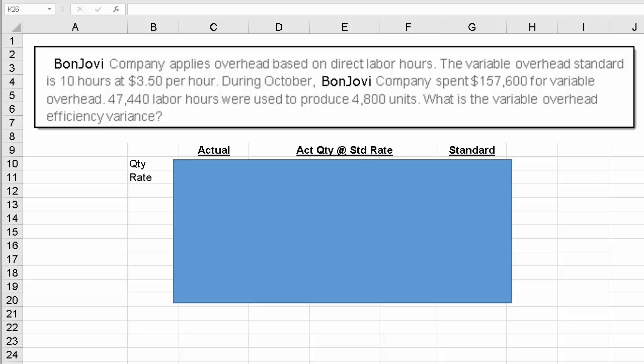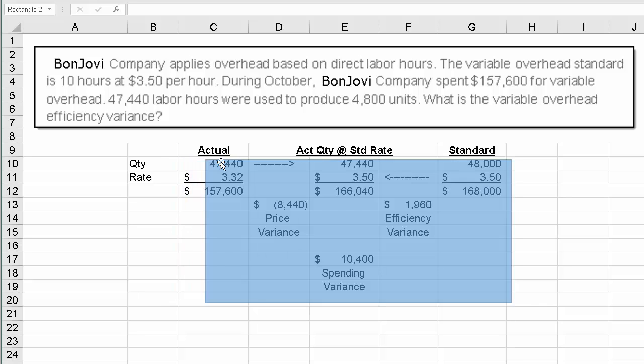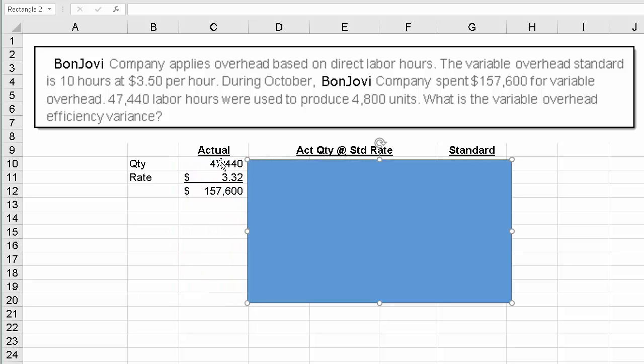Now I'm going to solve this using a column approach. I'm going to fill in the actual quantity and the actual rate for actual and standard to start this off. So first, let's just look at actual. The actual quantity is 47,440.